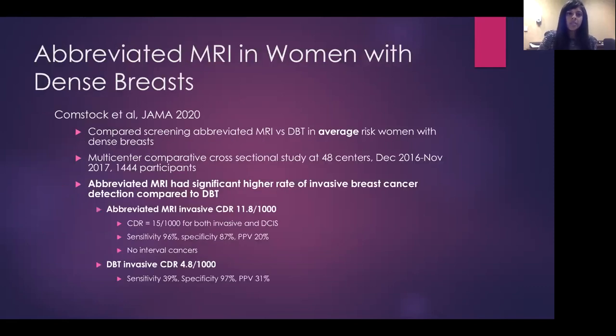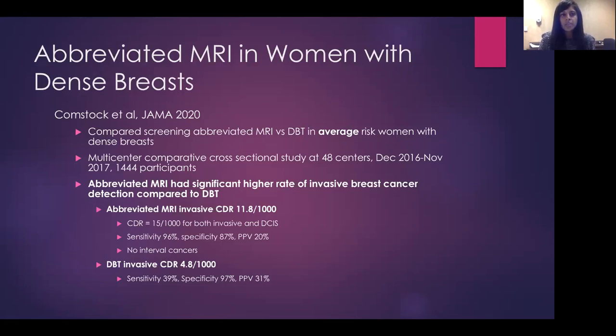And this is one study that was just recently published in JAMA last year. So they were looking at abbreviated MRI in women who were average risk but had dense breast tissue. So they found that abbreviated MRI had a significantly higher rate of invasive breast cancer detection compared to 3D imaging, with a cancer detection rate of almost 12 per 1,000 versus 3D had about 5 per 1,000, so almost over twice as much.